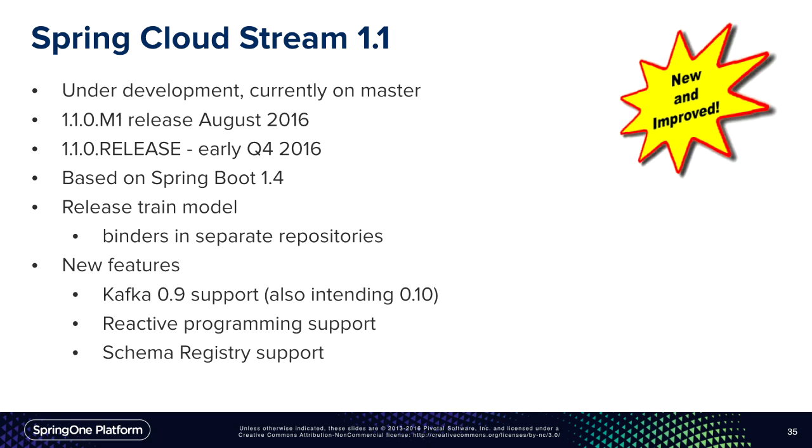New features: Kafka 0.9 support, which was kind of waited for some time. And we are also looking at supporting 0.10 with Spring Kafka. We have support for reactive programming. If you followed the keynote, you've already seen an example, like Rossen showed it a little bit.